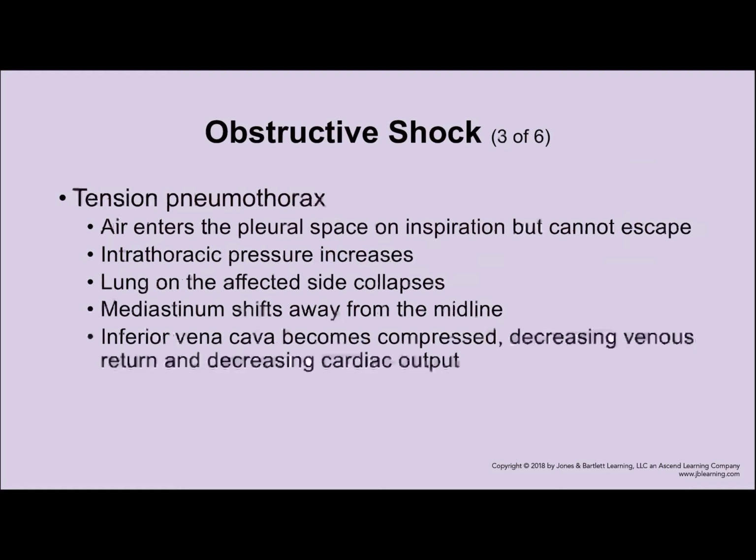If you have shifting of the mediastinum, the IVC, which is one of the major blood vessels delivering blood back to the heart, can become somewhat compressed or even kinked. So you have compression of the IVC and decreasing venous return, and then further down the pathway, decreasing cardiac output, because we know that preload is a determinant of cardiac output.